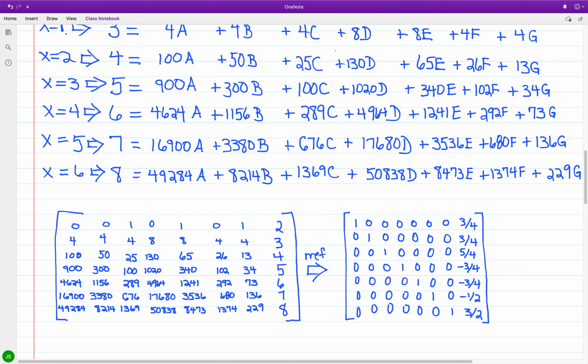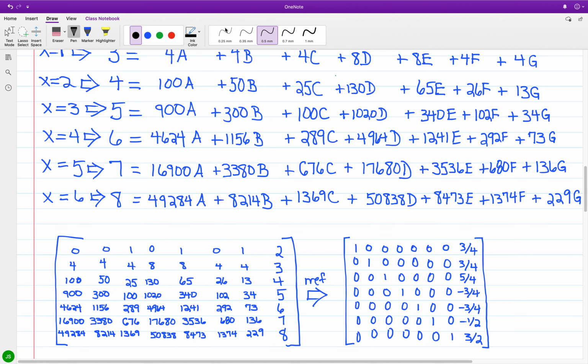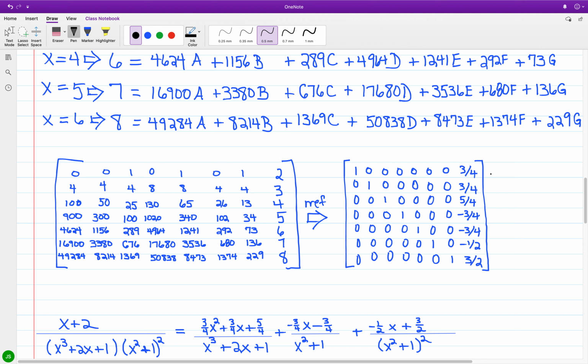Just a brief mention of the results across the rows: a is equal to 3/4, b is equal to 3/4, c is equal to 5/4, and you have 0a, 0b, 0c, 1d, d is equal to negative 3/4.